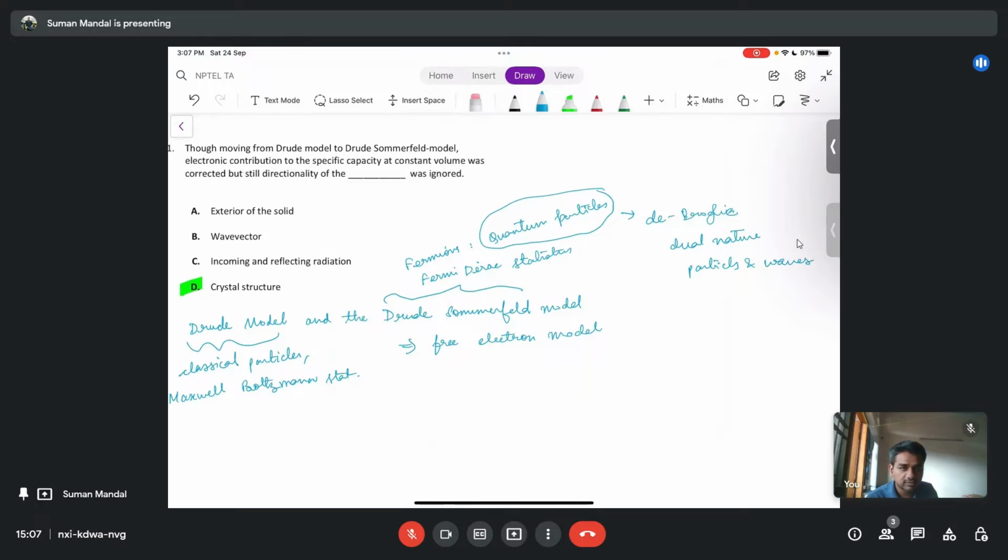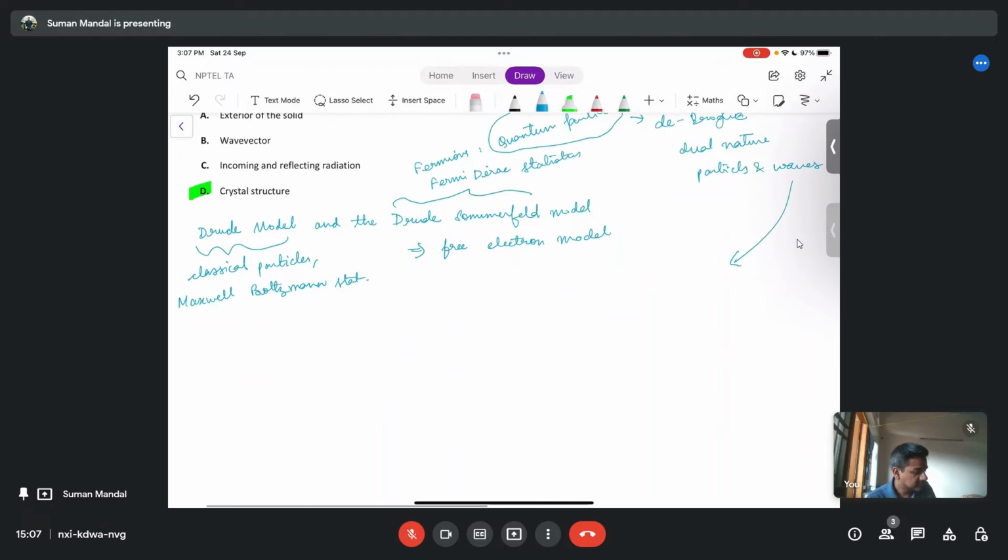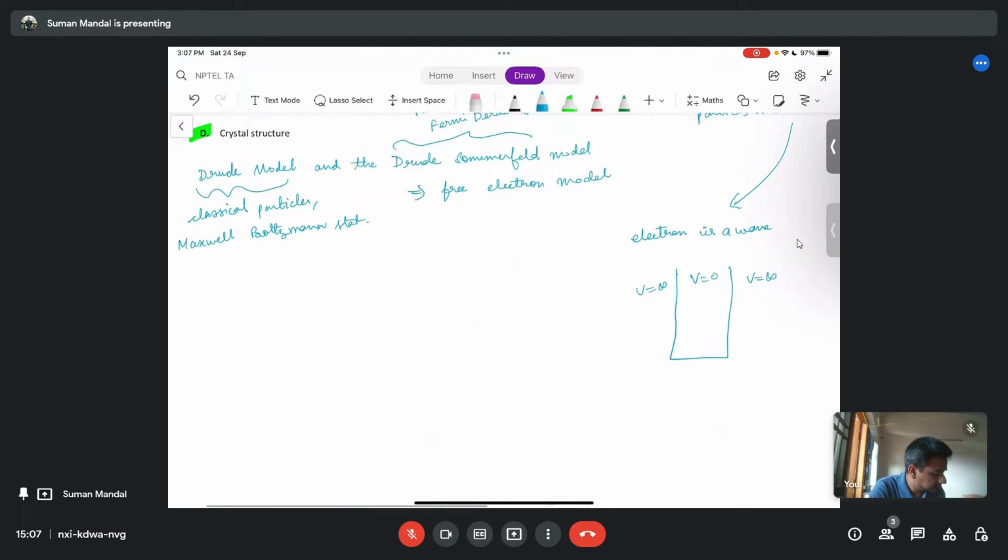And so what we did is we said if an electron is a wave, and if we have a confinement, we can find out the energy levels. And for that we solve the Schrodinger equation to find out the energy levels.